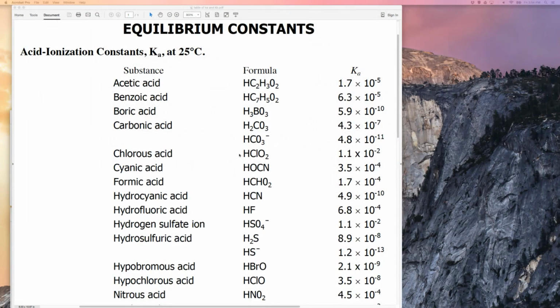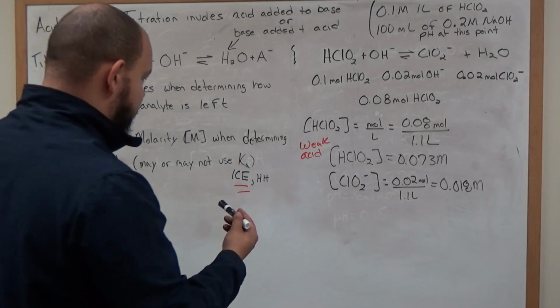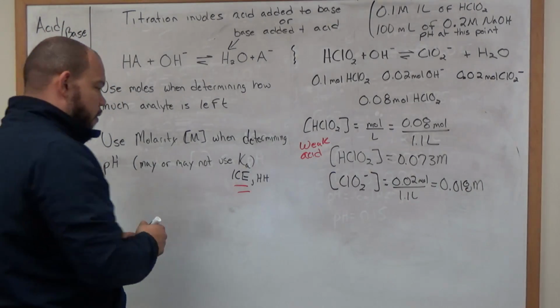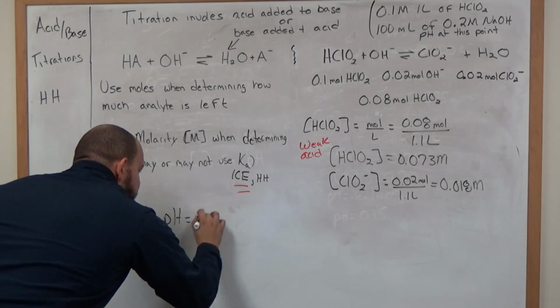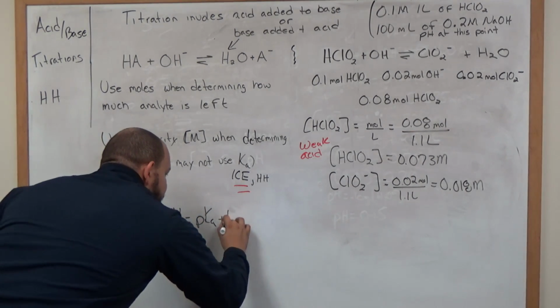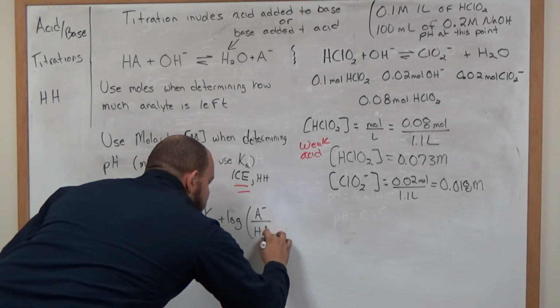Okay, from here we can use Henderson-Hasselbalch by using the Ka in our reference tables. If we notice, the Ka for chlorous acid is here, 1.1 times 10 to the negative 2. And we can dump this into Henderson-Hasselbalch, and if we remember, the format of Henderson-Hasselbalch is pH is equal to pKa plus log A minus over HA.